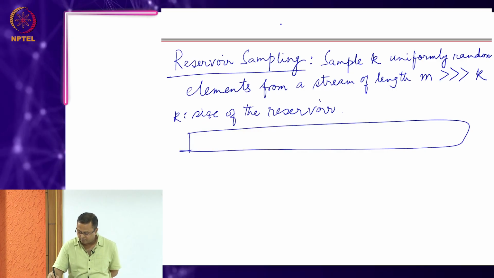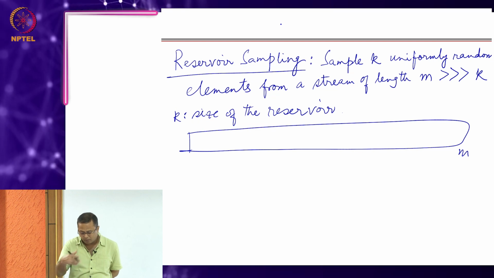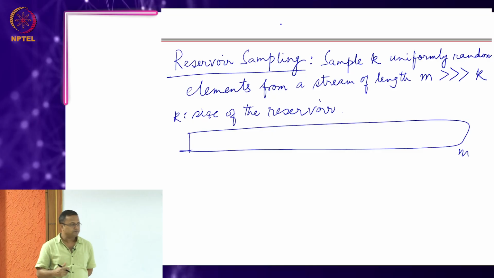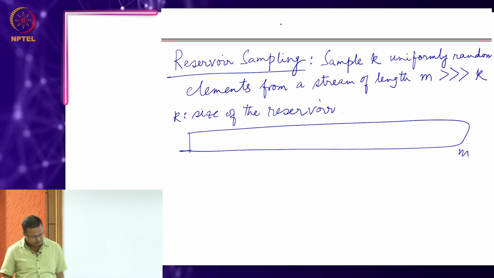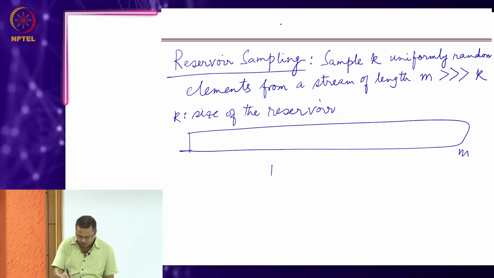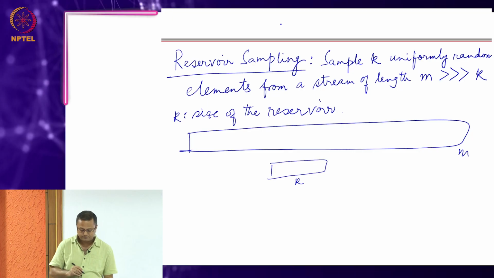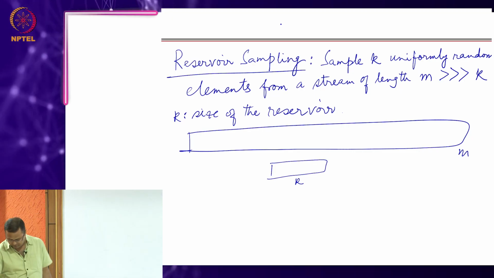So, this is like m, and you have to store some part of it, but that part has to be uniformly random. So, this has to come down to a reservoir of size k, much smaller than m. What do you do?